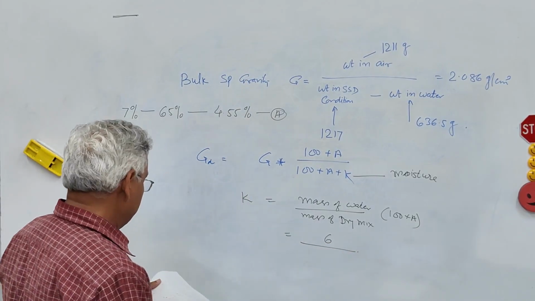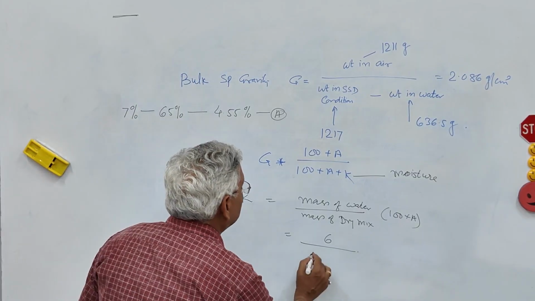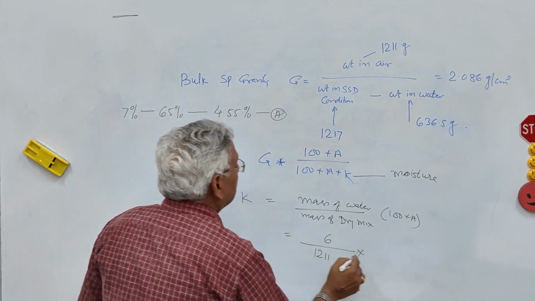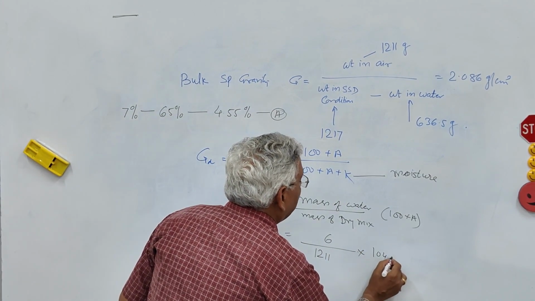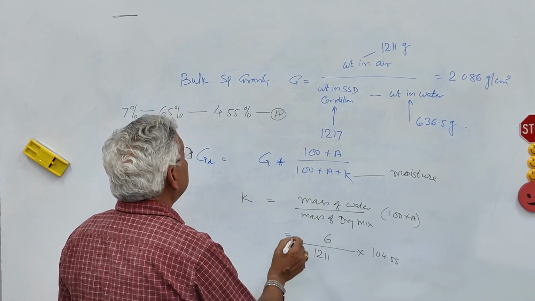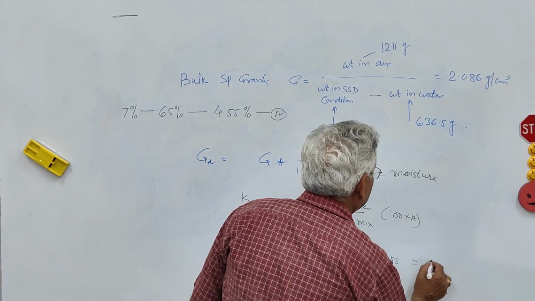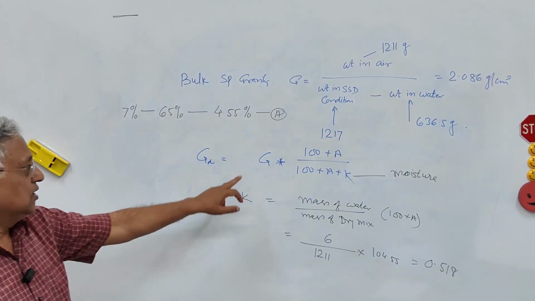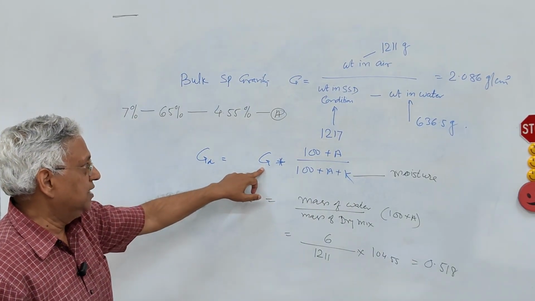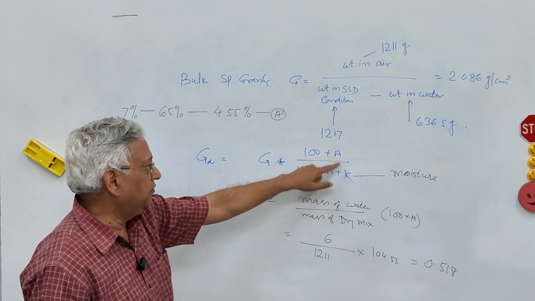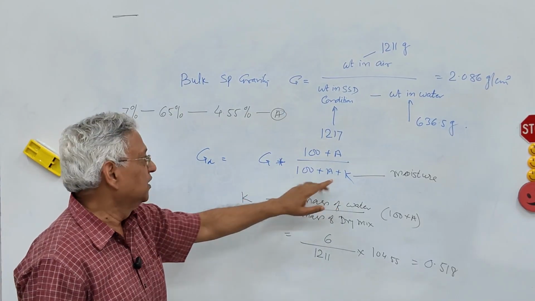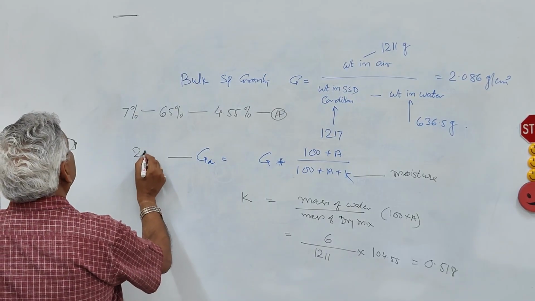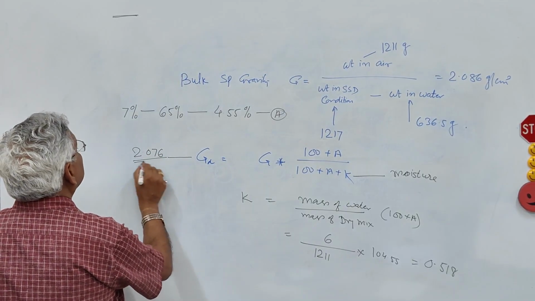And the mass of dry mix is 1211 multiplied by 100 plus A, so 104.55. Now this is equal to 0.518. Put these values here: G you know 2.086, A is 4.55, K is 0.518. So the dry density will be 2.076.